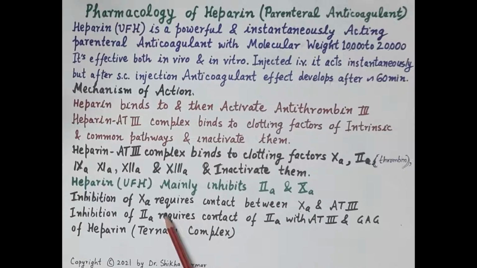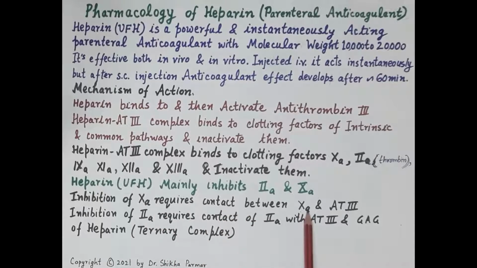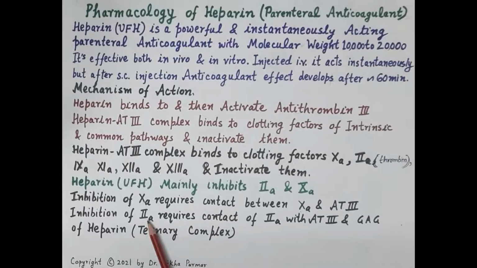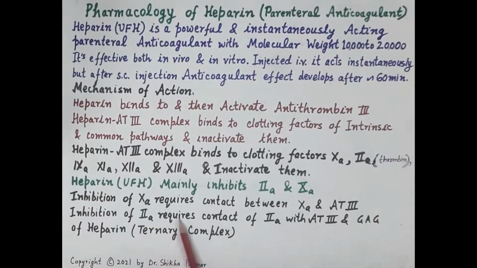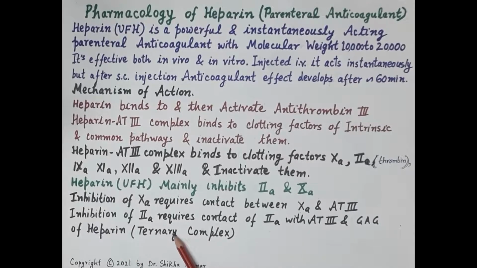Now inhibition of clotting factor 10A requires contact between clotting factor 10A and activated antithrombin 3, whereas inhibition of thrombin, that is clotting factor 2A, requires contact of thrombin with antithrombin 3 as well as contact with the glucosaminoglycan of heparin, so that there is formation of a ternary complex.